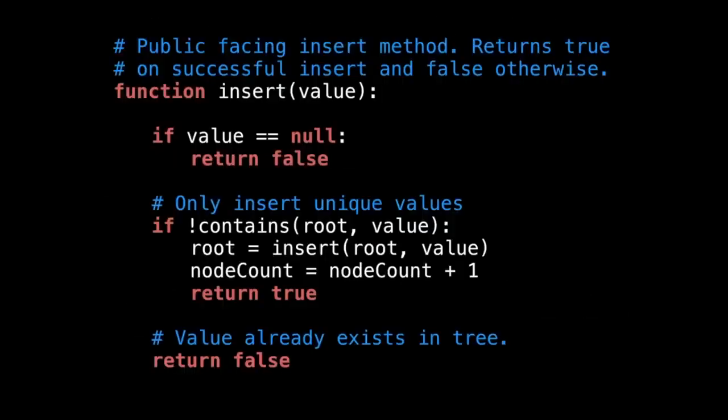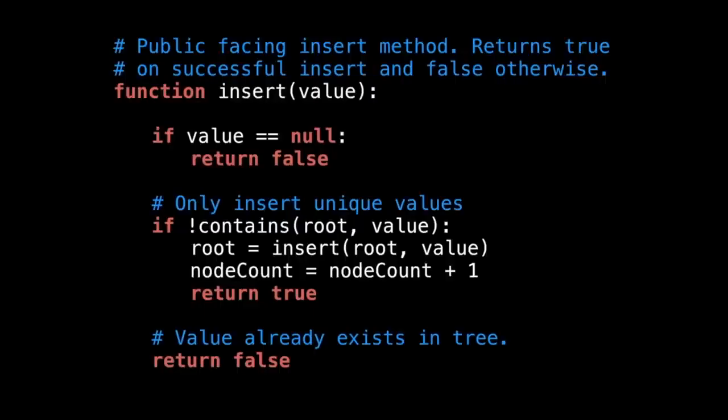Next, I want to show you some pseudocode for inserting nodes into an AVL tree because it's not all that obvious or easy. This first method is the public-facing method for the insert method, which returns true or false depending on whether the value was successfully inserted or not.